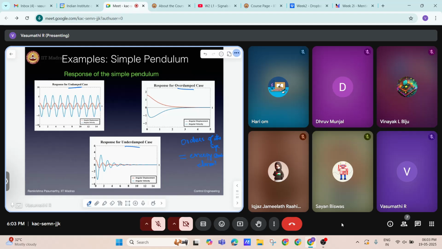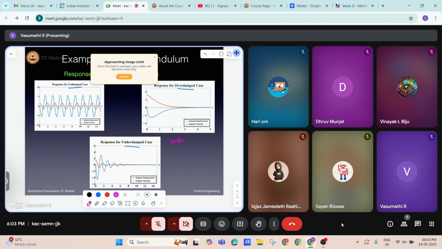For example, if there is an inductor, there will be one energy storing element. If there is a capacitor, there will be one. Likewise, if there are two inductors, that will be counted as two energy storing elements. Based on the number of energy storing elements, the order of the system will be decided. So order will be equal to the number of energy storing elements, right?